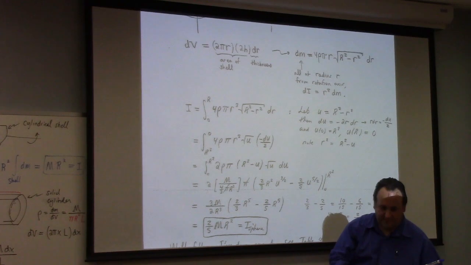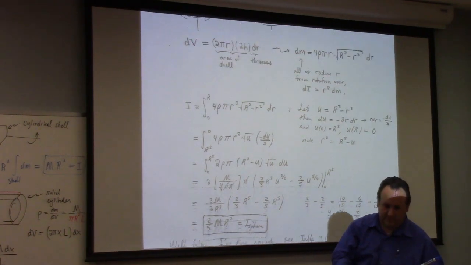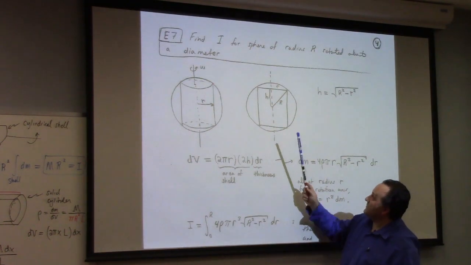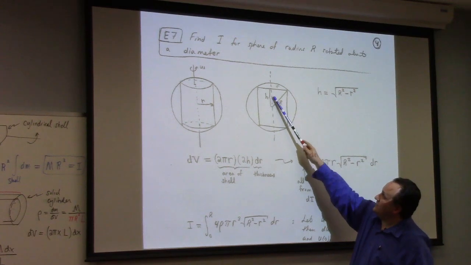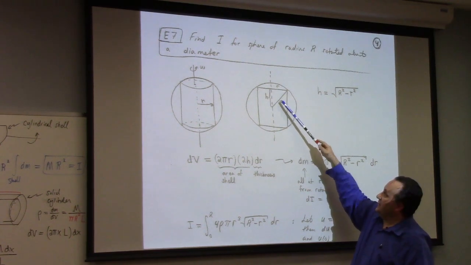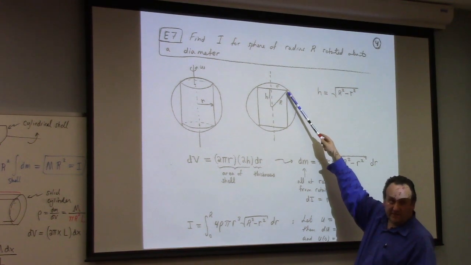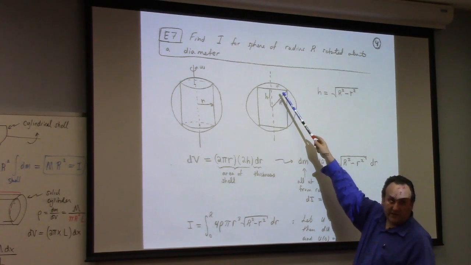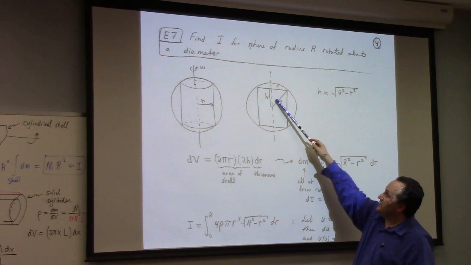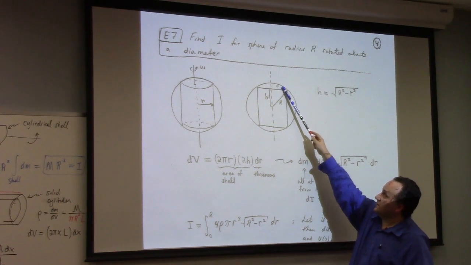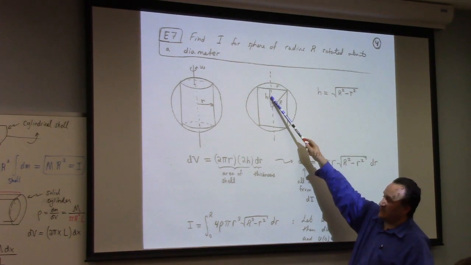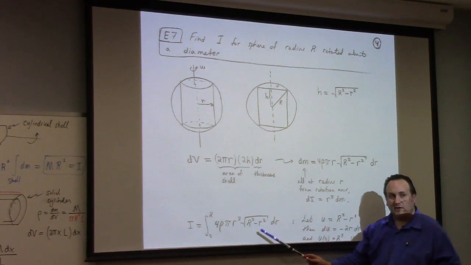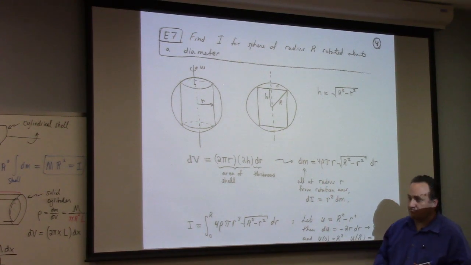So in this picture, this is r, and h is this distance. Big R is fixed, that's the radius of the sphere, right? You can draw this picture on a vertical cross section, a slice of it, and you see the relation: h squared plus little r squared is equal to big R squared. So we can solve for little h as the square root of big R squared minus little r squared.